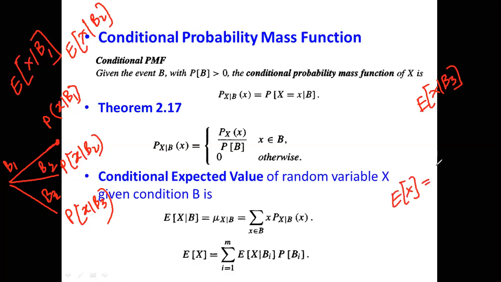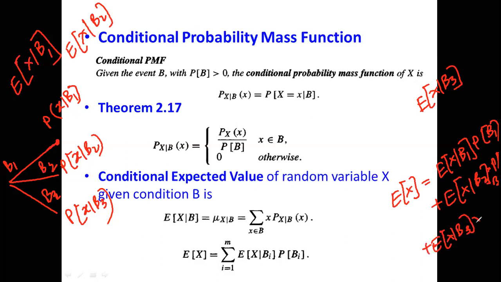The rule is a summation: the expected value of X given B1 multiplied by the probability of B1, plus the expected value of X given B2 multiplied by the probability of B2, plus the expected value of X given B3 multiplied by the probability of B3.